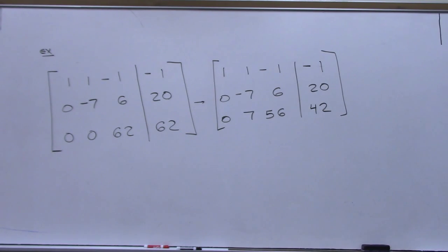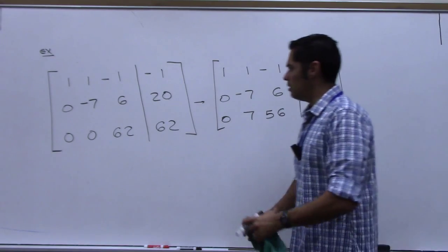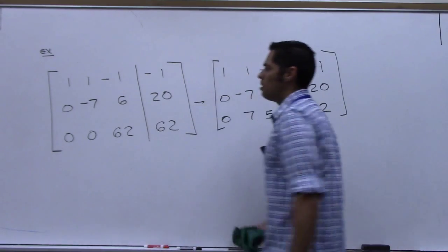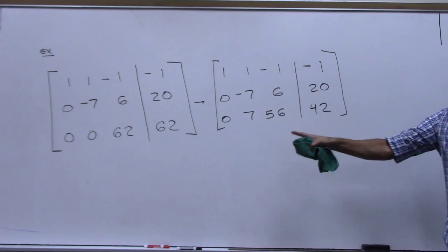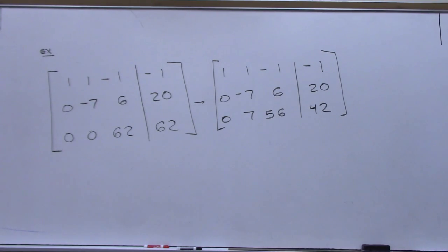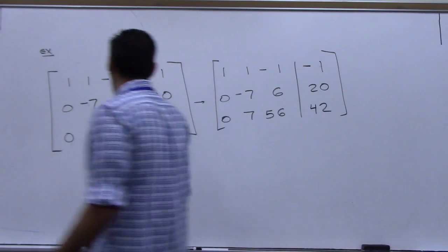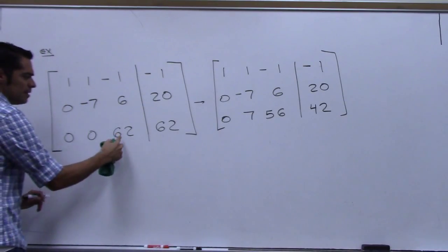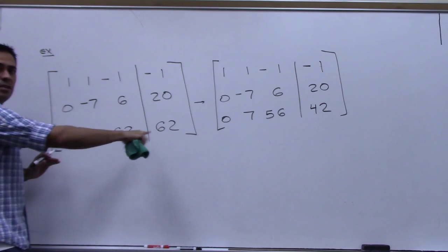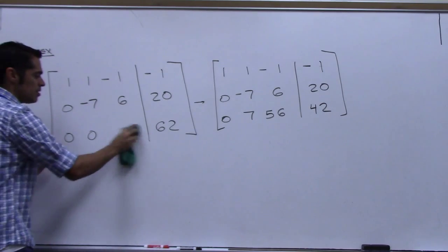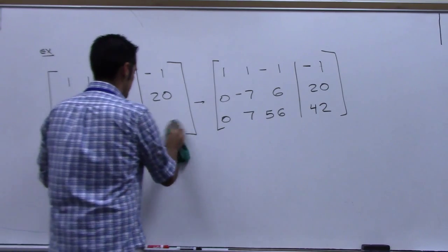That's echelon form. I know I moved quick there, but this is on video. You can go back and watch it if you need to. All right. So this right here is what we wanted, right? And now what we would do is we just think about what happened. Look, I could take this row right here and divide everything by 62, couldn't I? Yes. So that would turn this into a 1, wouldn't it?